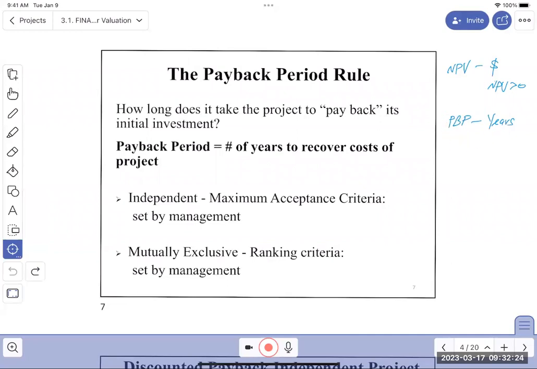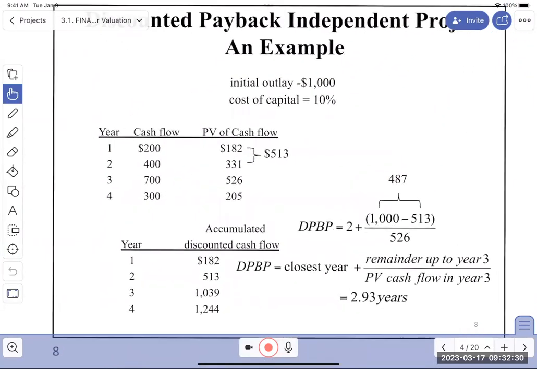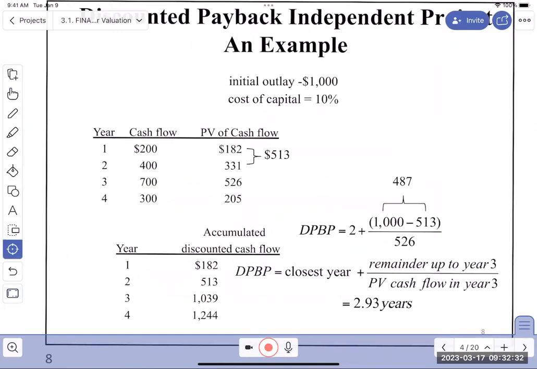If I just go and add up the cash flows, so for example, let's say here's my set of cash flows. Now the payback period would be what? All right, so let's see. Initial outlay should be $1,000, and they use a cost of capital. This is the required rate of return. In other words, this is the opportunity cost of investing in this project, because if we didn't pursue this project, then we'd pursue another one that would give us 10%.